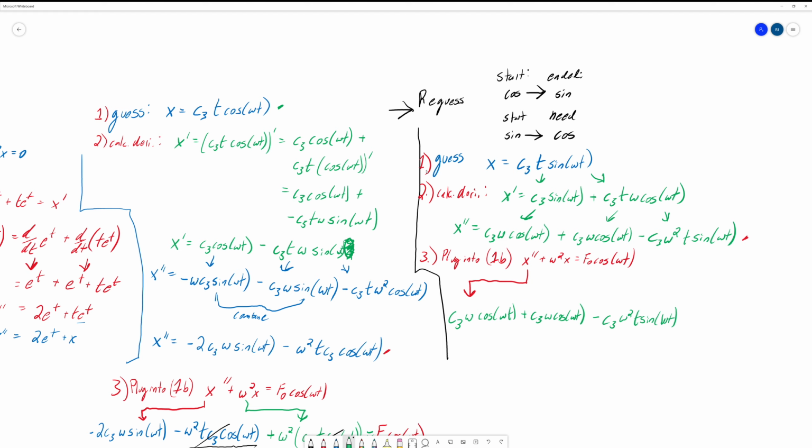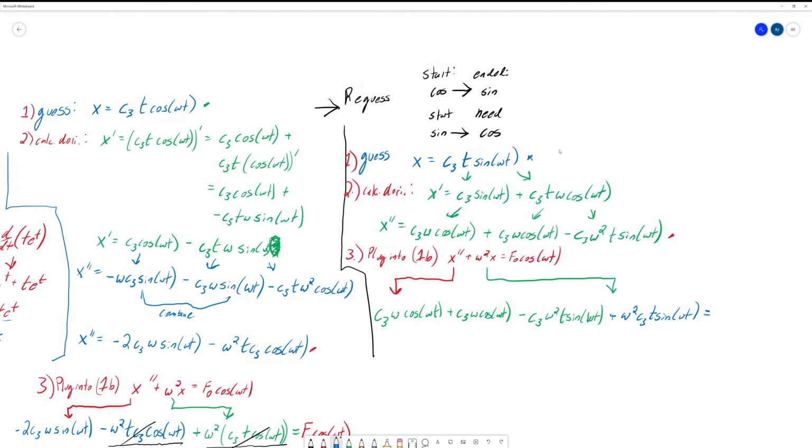And then we're going to have this term, the omega squared x, which is going to be from just our guess, which is going to be plus omega squared C3 t sine of omega t. And this should equal F naught cosine of omega t.